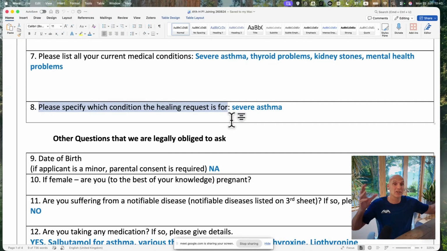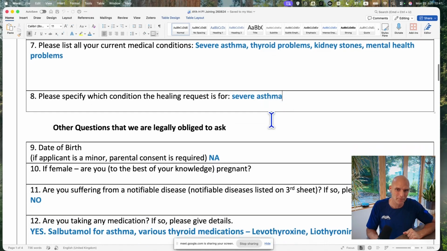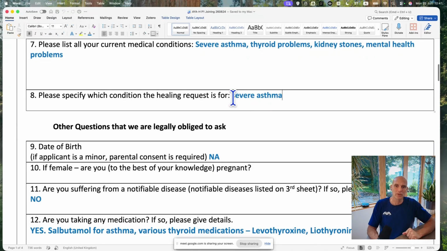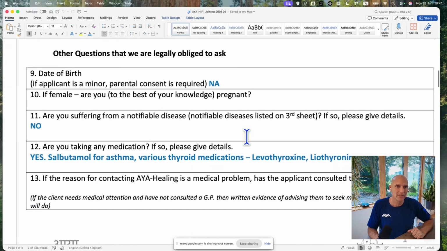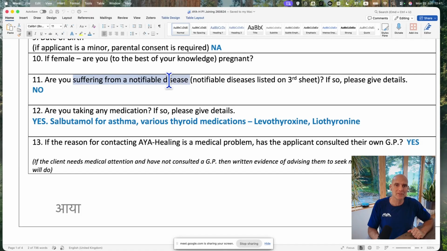They may have many complications and other things going on, but there's usually a main problem that they want for us to work on. And this is severe asthma, of course, our main one that we're focusing on for the research project. That's why we're doing it here in this case study. Okay, other questions? Are you suffering from a notifiable disease?